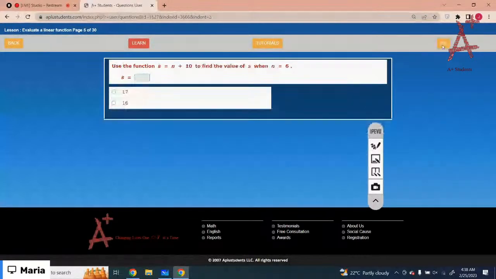Okay, the next one is s equals n plus 10. To find the value of s when n equals 6, you have to replace the n with 6. So it would be s equals n plus 10.